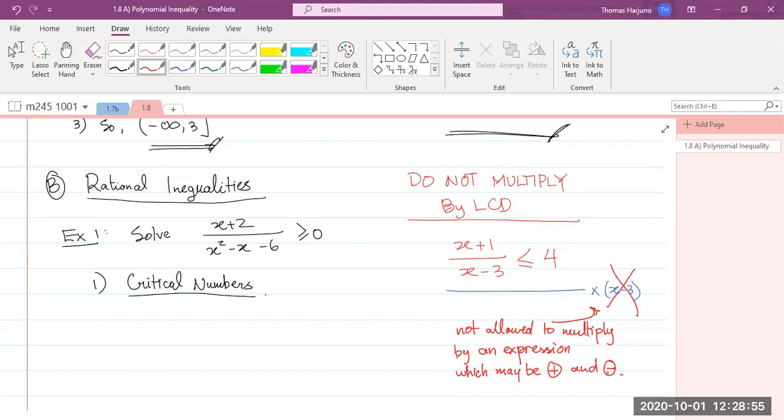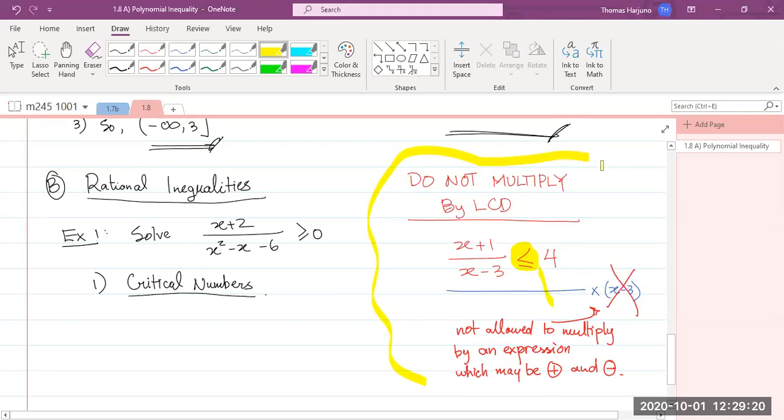That's why multiplying by the LCD is not a correct way, because you don't know if that expression, in this case x minus 3, is positive or negative. Therefore, you don't know if you need to reverse the inequality sign or not. So that's not a correct way. Do not multiply by the LCD.